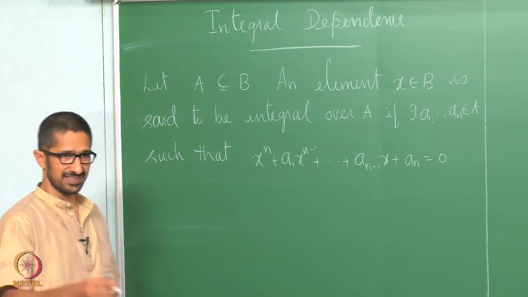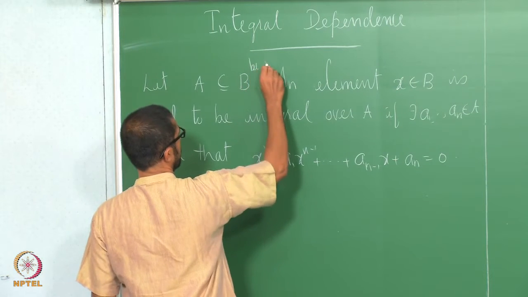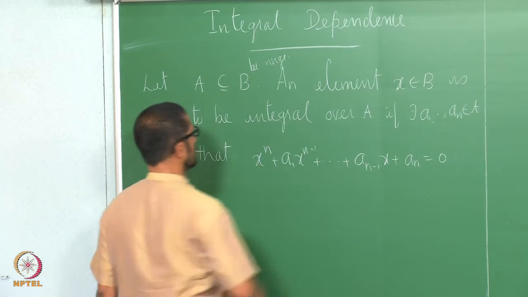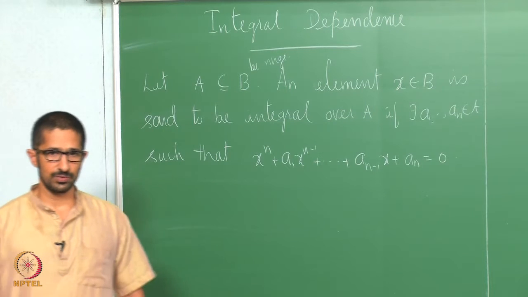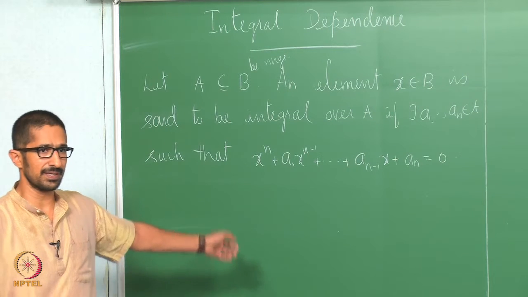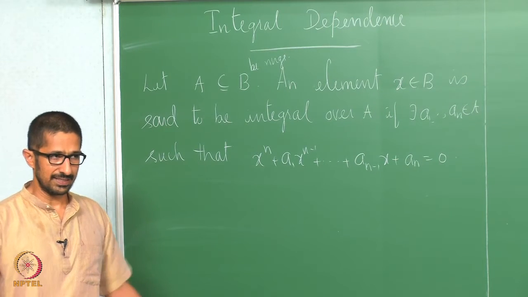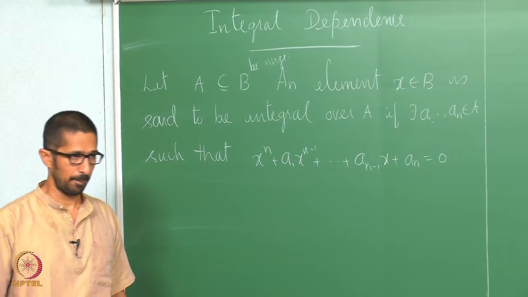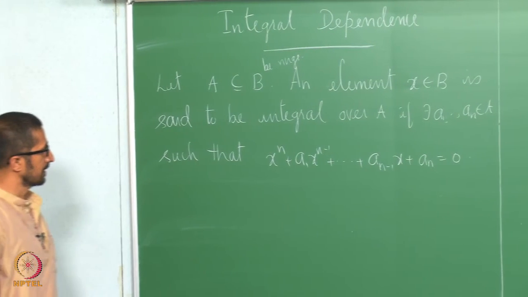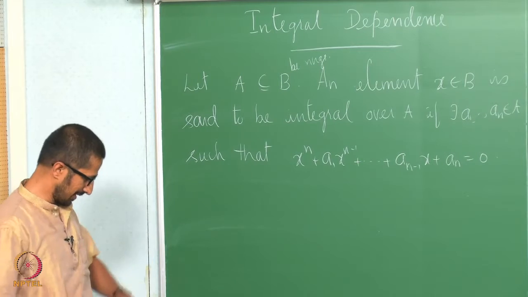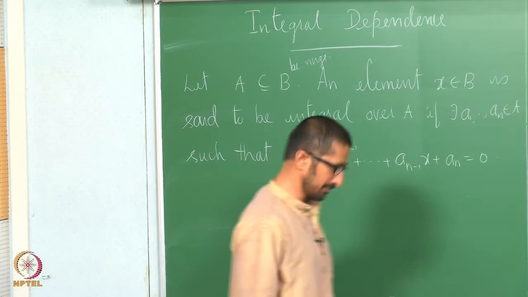A and B are rings. So, one says B is an extension of ring A. Okay. So, this is a concept that comes in.